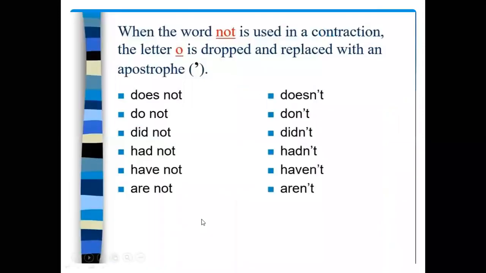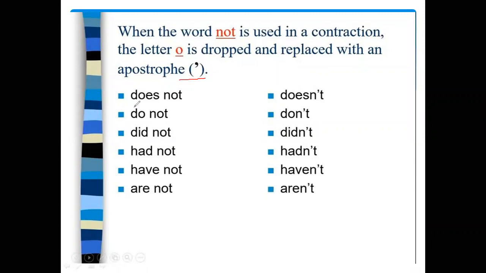Let's see how I can write that. When the word not is used in a contraction, the letter O is dropped and replaced with an apostrophe. The sign is called an apostrophe.